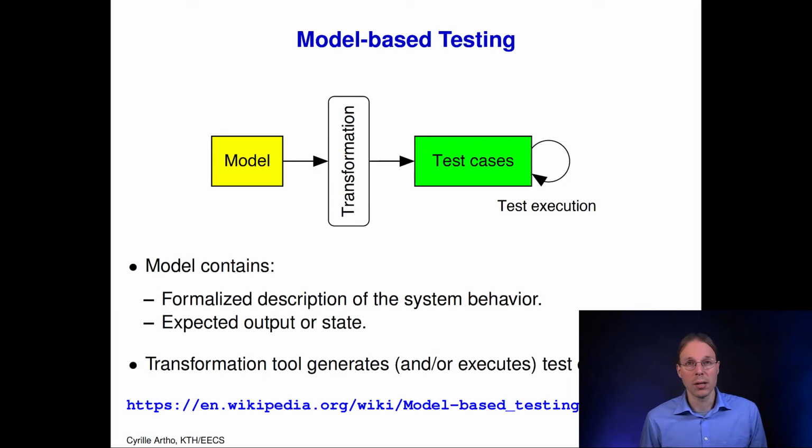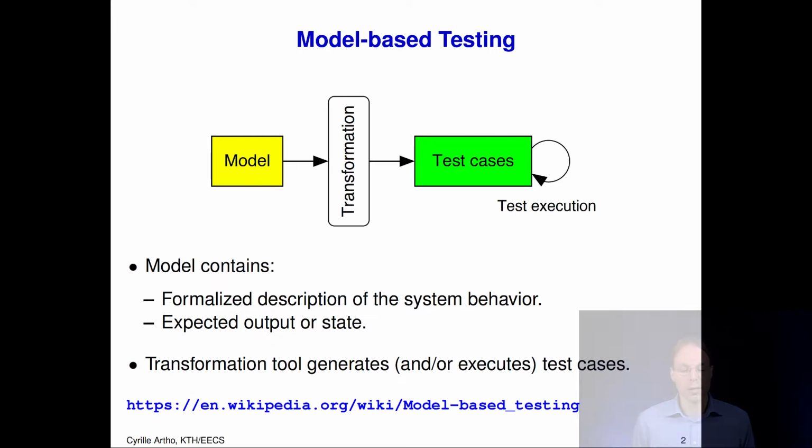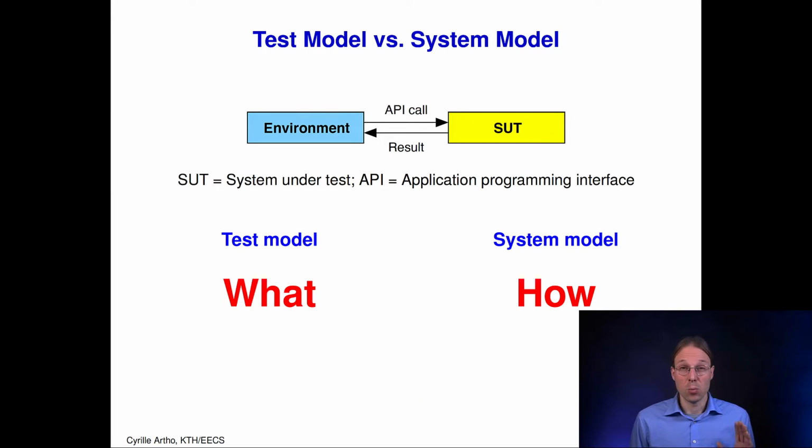For this to work, the model has to contain a formalized description of the system behavior and ideally also some notion of what the expected state or output should be. And then the transformation tool takes this model and generates test cases. When we write such a model, we are not at the same level of detail for a test model compared to having to write a system model.